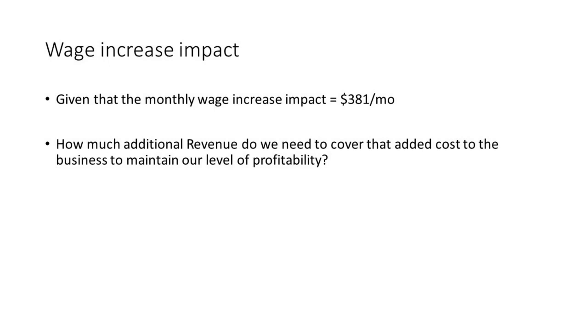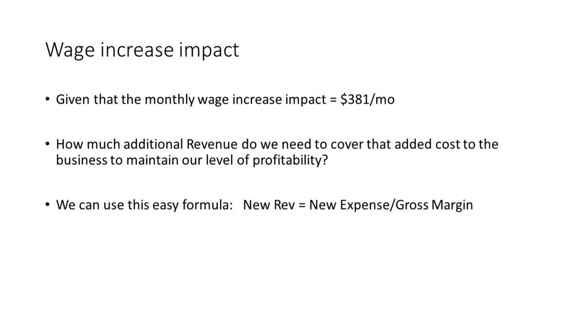So, if we need $381 a month in new gross profits to pay for this impact, how much revenue do we have to generate in order to come up with that new gross profit stream of $381 a month? That's really the question that we're asking. Well, it turns out that we can use a pretty easy formula to figure that out.